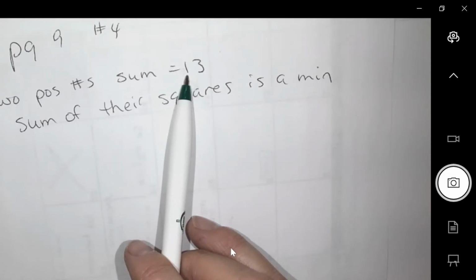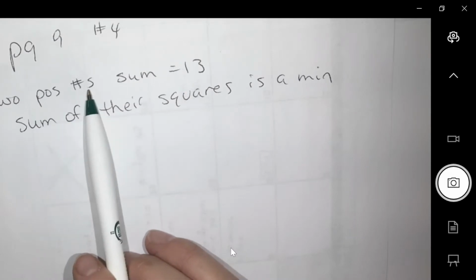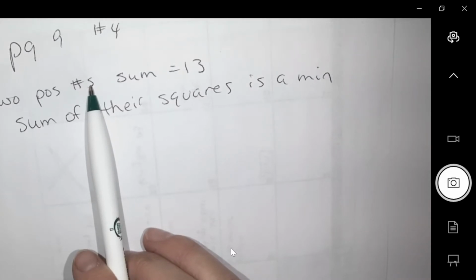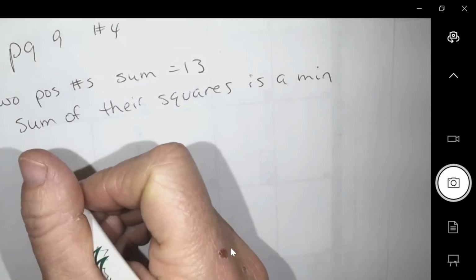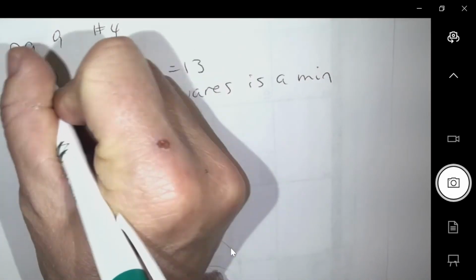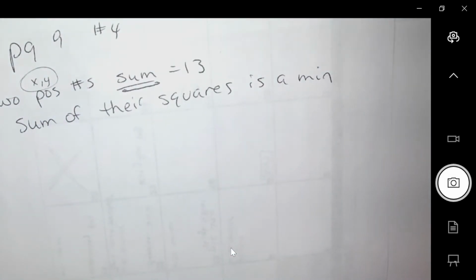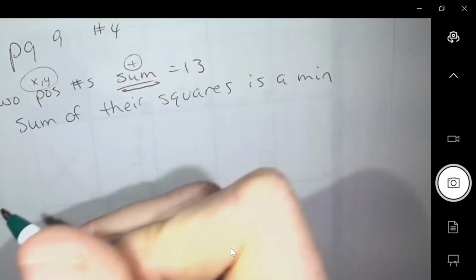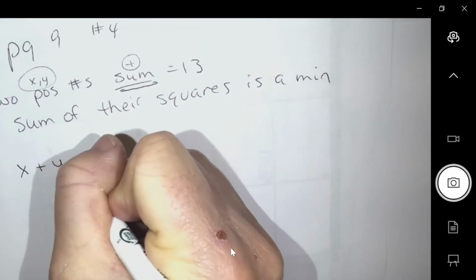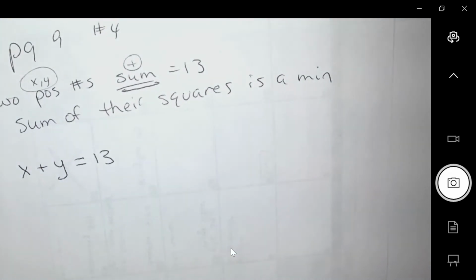That's what your first sentence says. So two positive numbers, we need to represent those two numbers with letters because we don't know those numbers. So what do you want to use? X and Y. So we're using an X and a Y to be two numbers. What does the word sum mean in math? Add. So two numbers add to 13. Okay, so I converted the language to math.